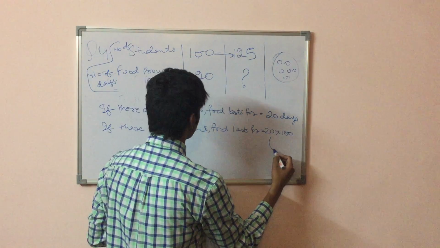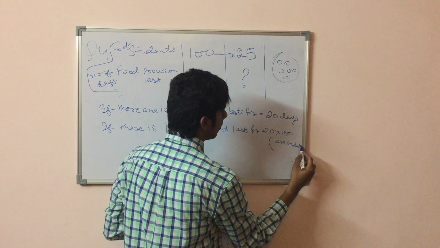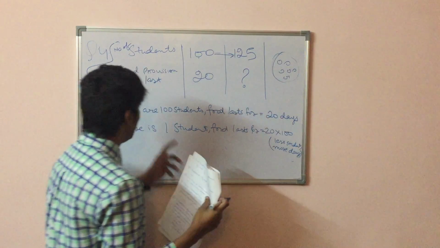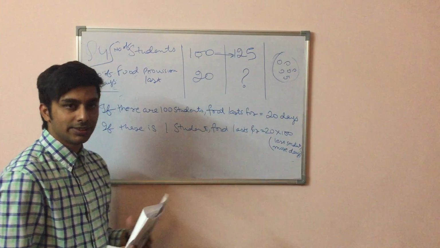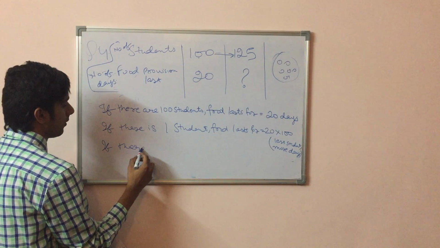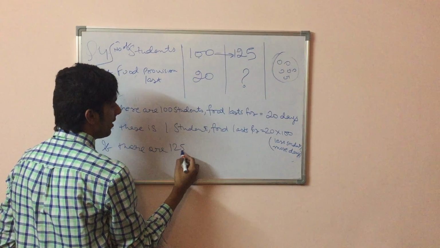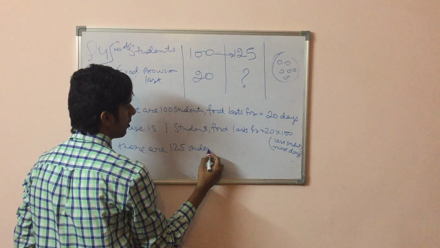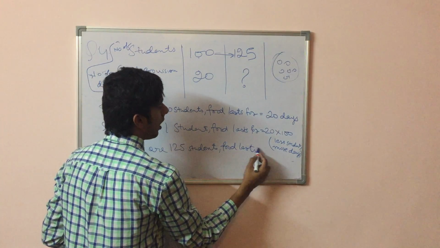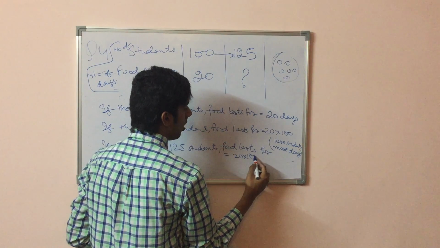Reason is less students, more days. Less students, more days, right? And if there are 125 students, food lasts for how many days? 20 into 100.